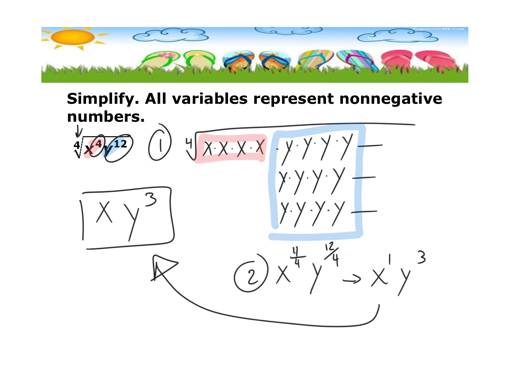I always either expand or rewrite it as a fraction in the exponent. A lot of times I prefer the fraction in the exponent because it takes a little bit less space on the paper, but it's whichever you prefer. At the end of the day, we get the exact same answer.